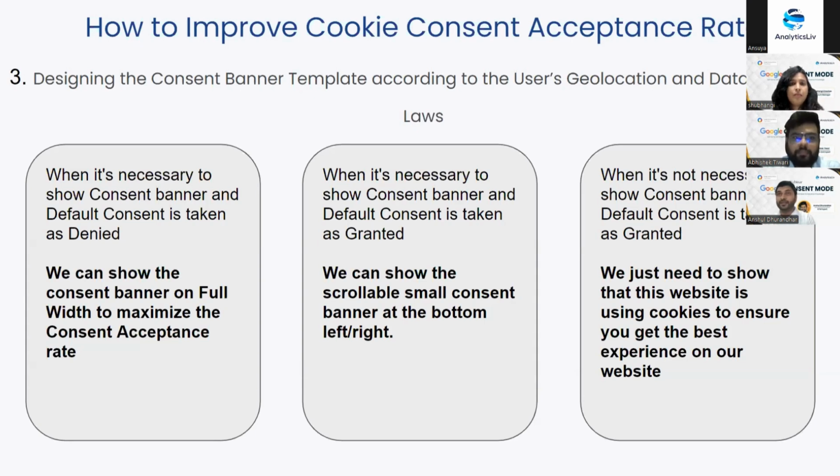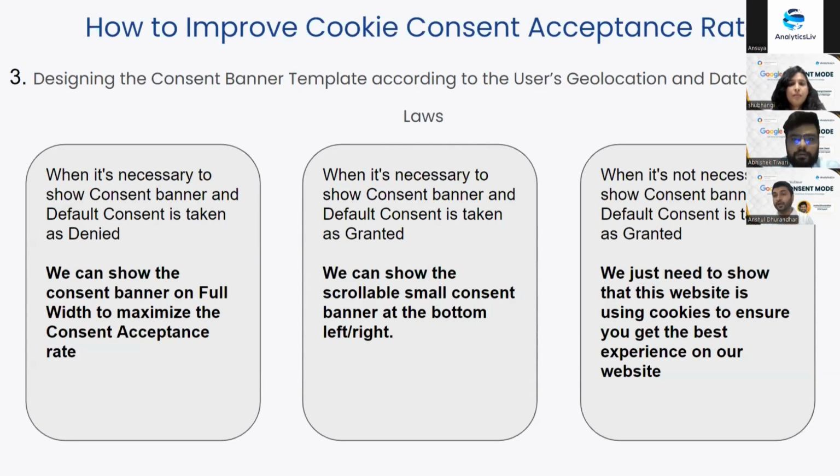And similarly, the third one: we are in India, so we will consider that. It is not necessary to show the consent banner for Indian users, and default consent is taken as granted. So we just have to show a small banner or a message that we are using cookies to give you the best experience on our website.